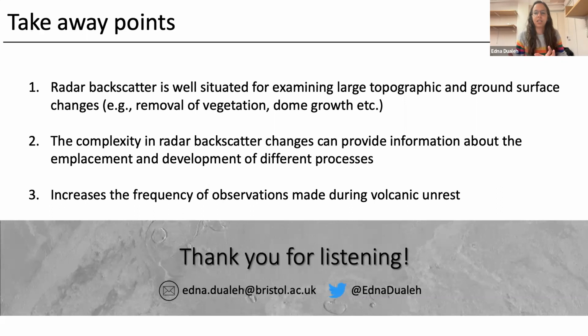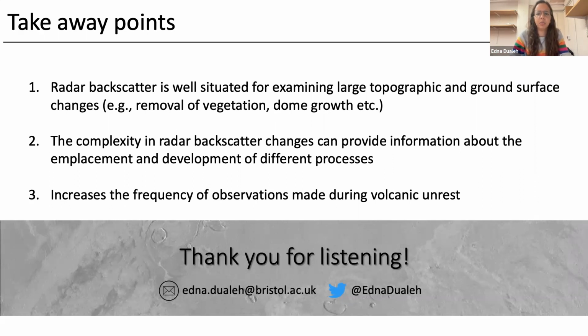So while large changes in backscatter, large topographic changes and surface changes are easy to observe in the radar backscatter, we found that it is possible to also distinguish more widespread and subtle changes, especially if you have additional information about the eruption style, the pre-eruptive land coverage, and other data sets that can complement the backscatter data.